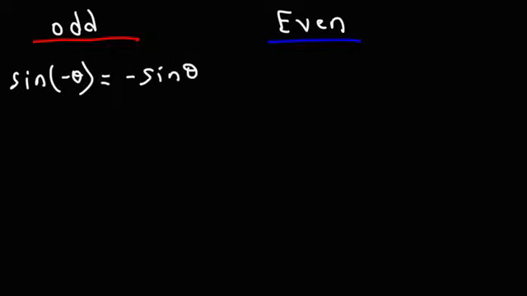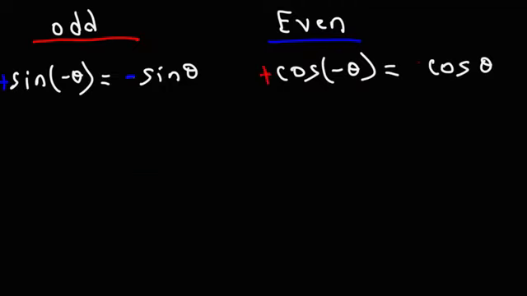So notice that the outside sign changed from positive to negative. So that makes it an odd function. For an even function, if we were to change theta to negative theta, we're not going to get negative cosine. We get positive cosine. So as you could see, the 2 signs in front of cosine are identical for an even trigonometric function.